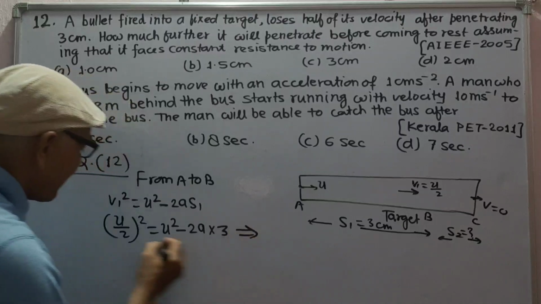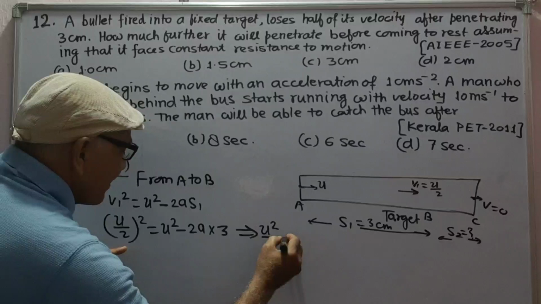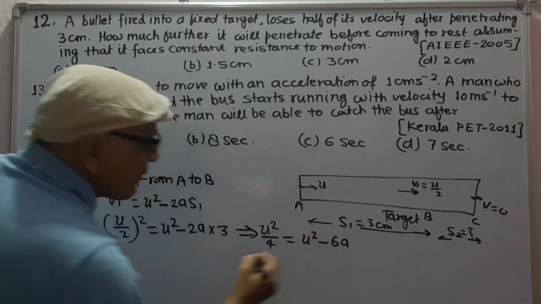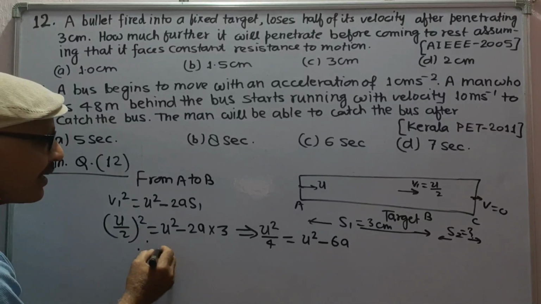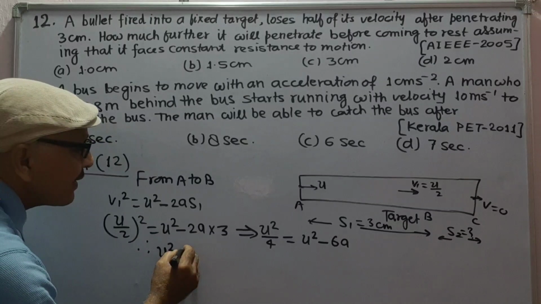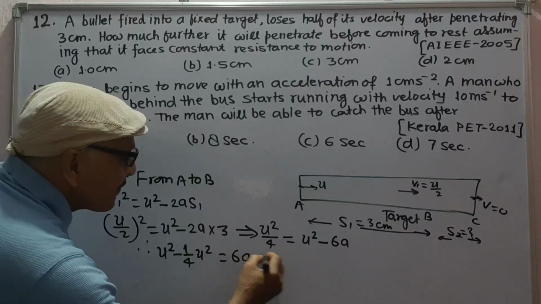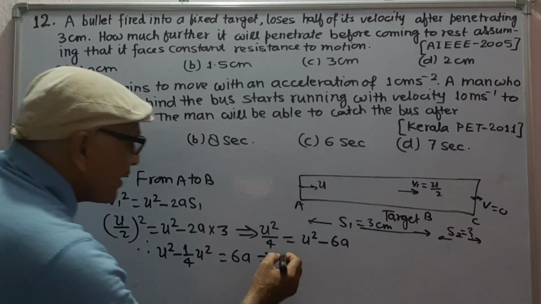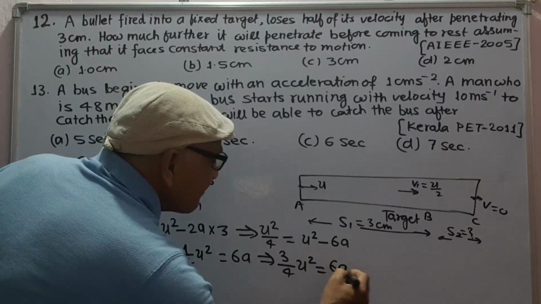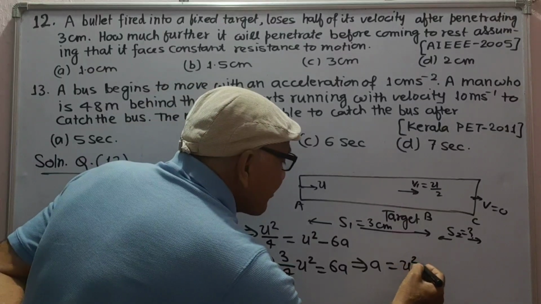So we get u square by 4 is equal to u square minus 6a. Therefore, u square minus 1 by 4 u square will be equal to 6a, that is 3 by 4 u square is equal to 6a, which gives a as u square by 8.